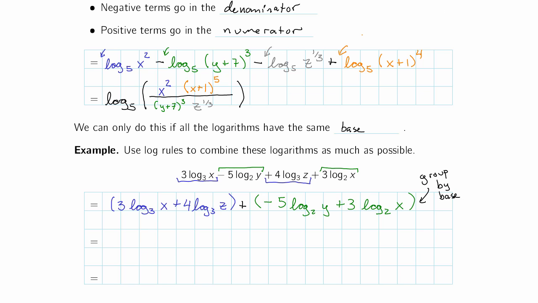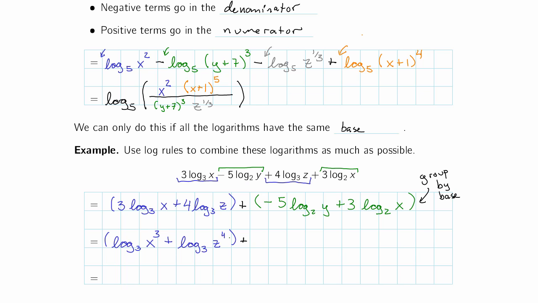Within each group, I'm going to use the power of a log rule. Next, within each group, I'm going to still push the powers in, right? I'm going to use the log of a power rule. And then in my first group, I'll have the log base 3 of x to the third plus the log base 3 of z to the fourth.